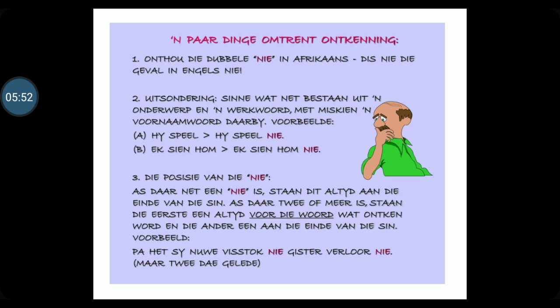Ek sien hom nie. And then the position of the nie that we just discussed. If there is an object in the sentence, there is two nies to make it a negative. So the first nie is after the first verb, and the second nie is at the end of the sentence. That is how ontkenning of the negative form in Afrikaans works.